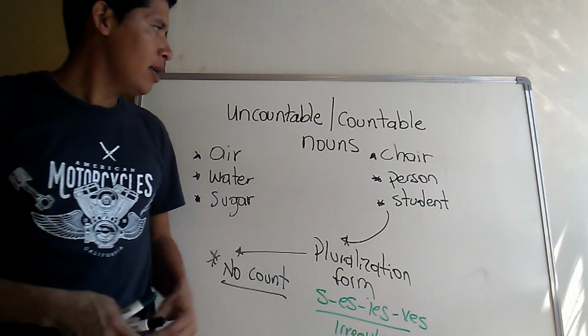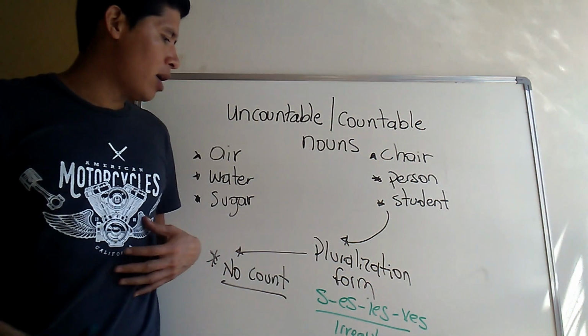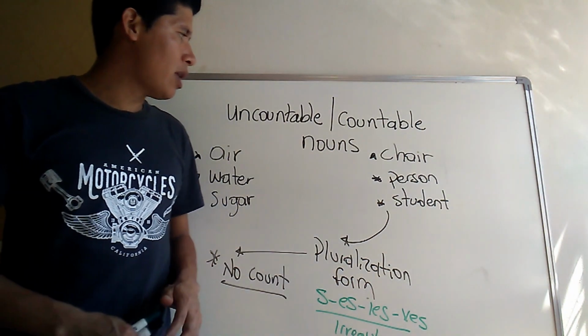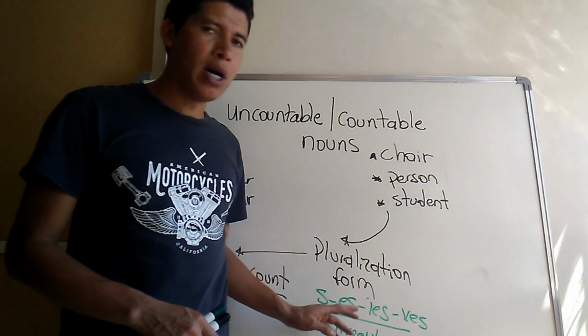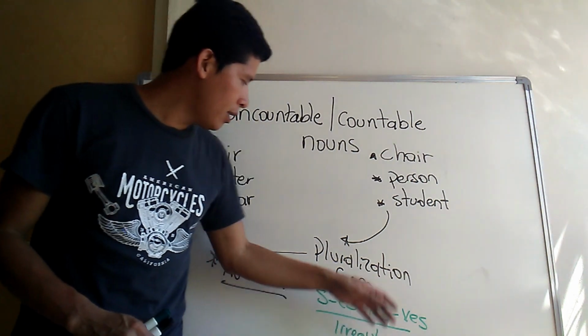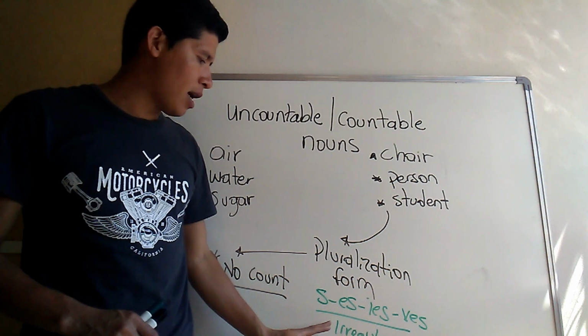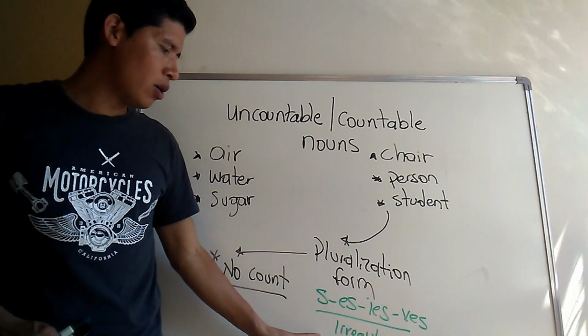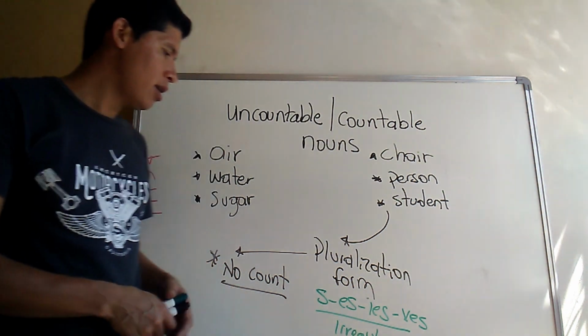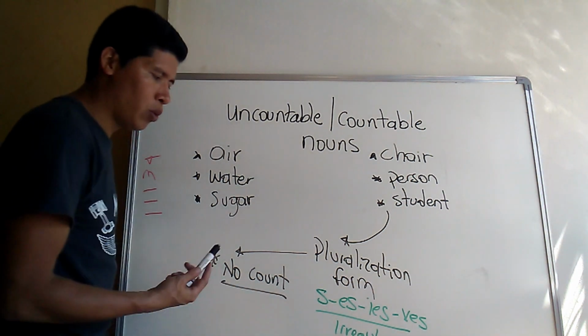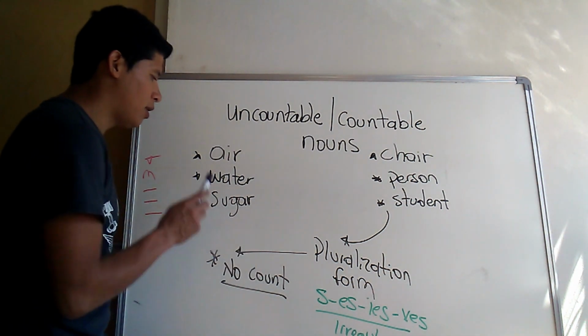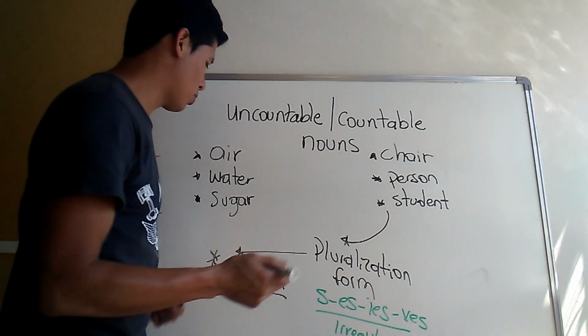It's necessary to understand the irregular nouns with the countable nouns and their pluralization form. With the uncountable, it's not necessary to use these rules because we don't count these uncountable nouns.